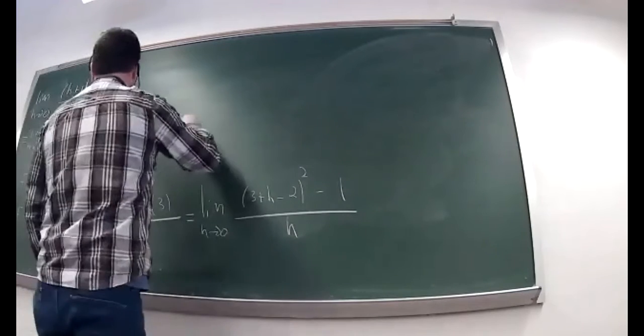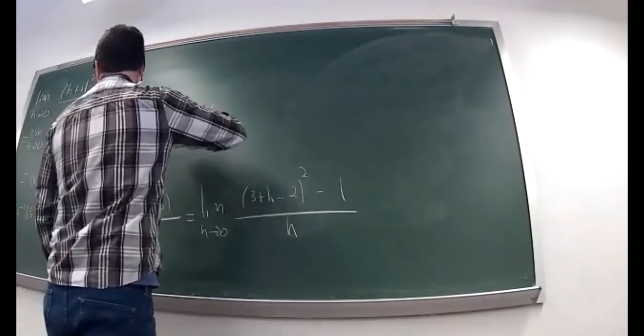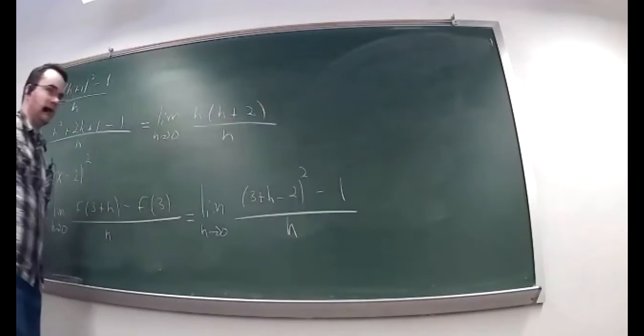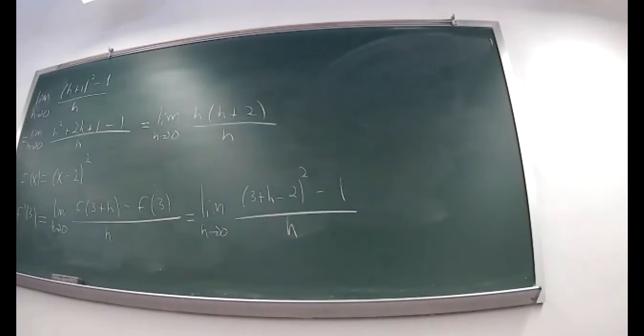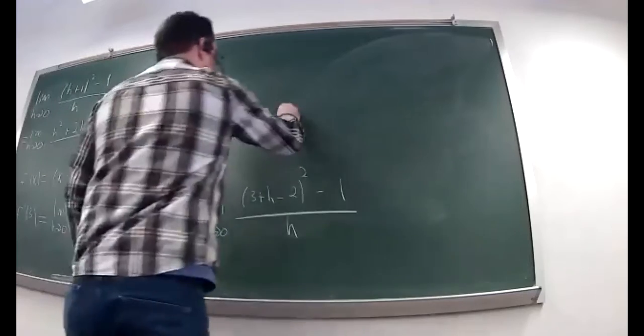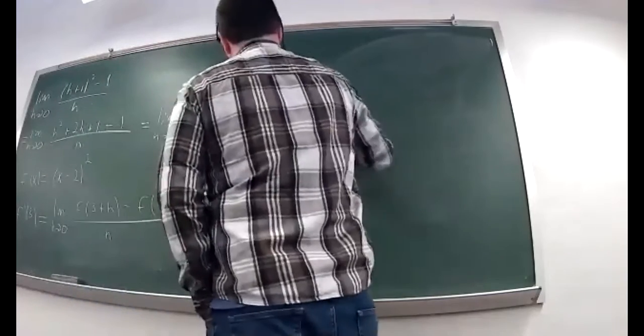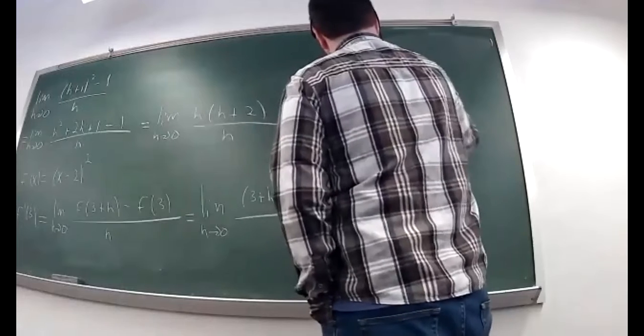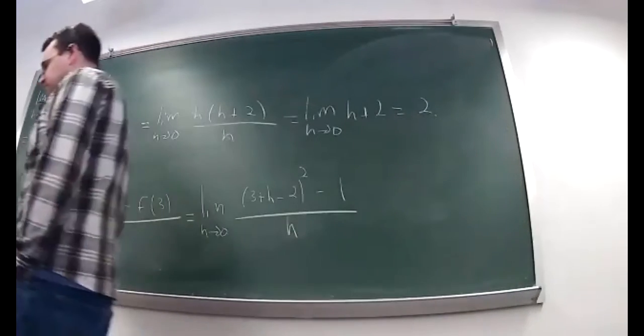So I'll just factor out an h from the numerator. So I'll say h times (h plus 2) divided by h. I combined two short steps into one. 1 minus 1 is 0, and then h squared plus 2h is equal to h times (h plus 2), all divided by h. And since we're in the limit, you cancel out those h's. You take the limit as h goes to 0 of h plus 2, and the answer is equal to 2.